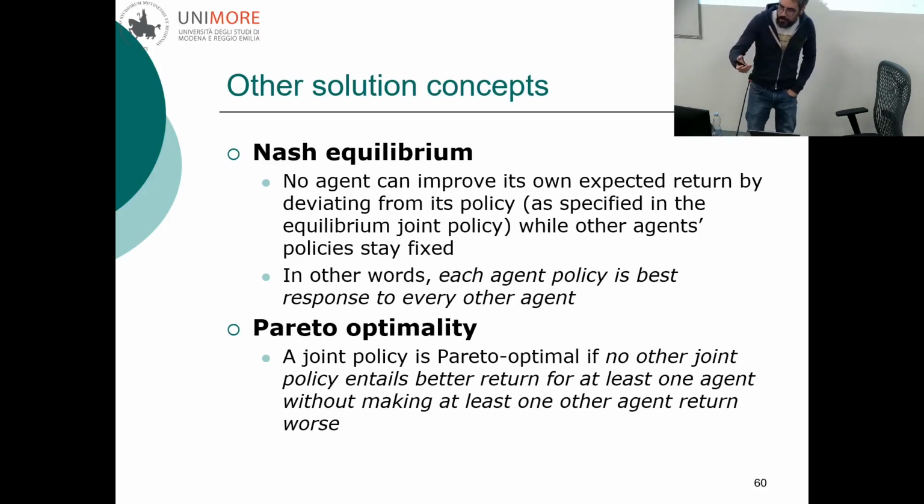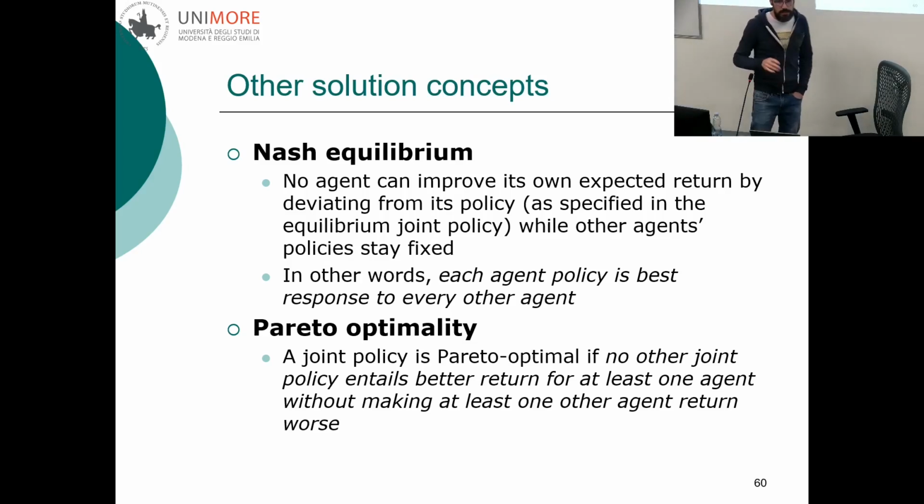Let's do an opposite example. If by changing my policy and only my policy, not your policy, I can get a better return, this means that I was not playing best response and our joint policy was not Nash equilibrium. I was playing suboptimally. Okay, that's what Nash equilibrium tells you.